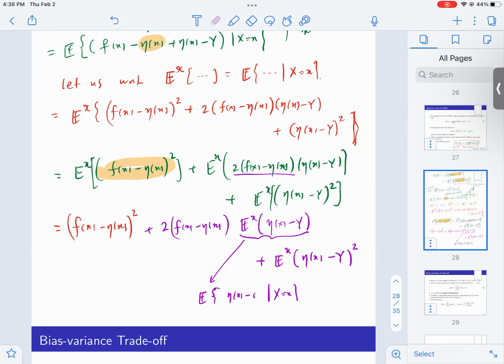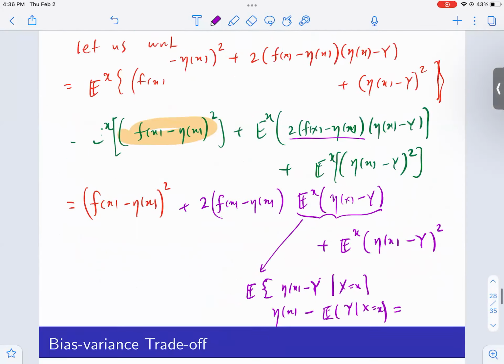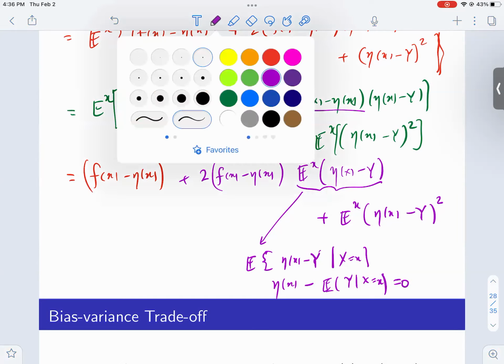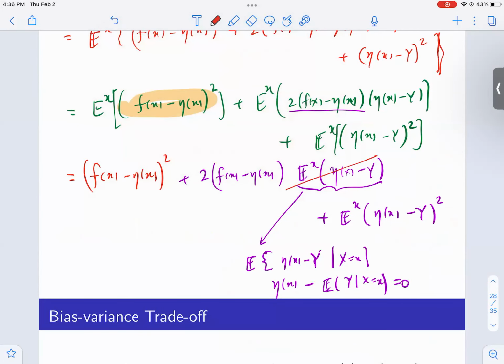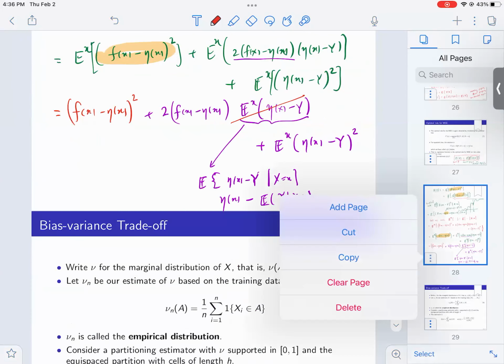Because eta x is fixed here. So eta x comes out, and this is really minus expectation of y given x equal to x. Things are linear, eta x is fixed. This is really equal to eta x minus eta x, so this is actually 0. Okay, so this middle term goes away.